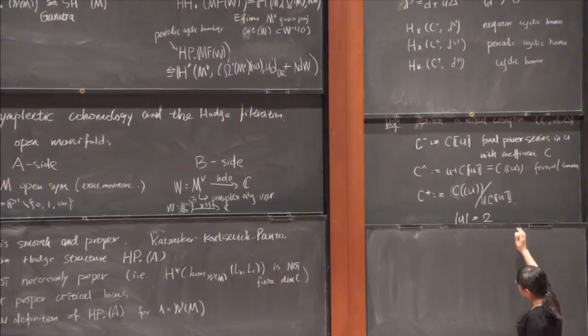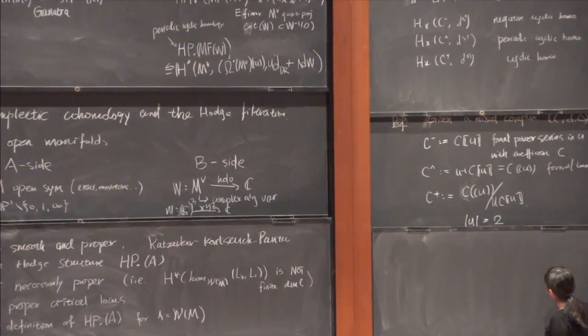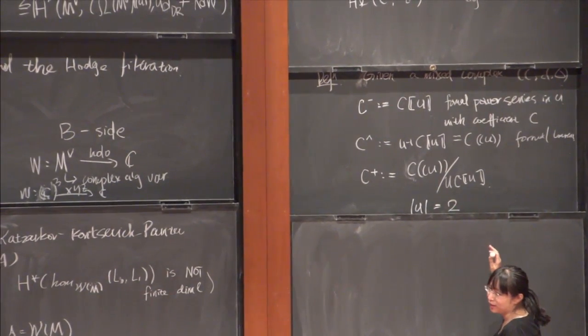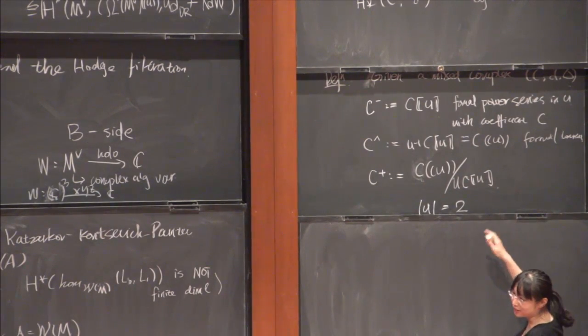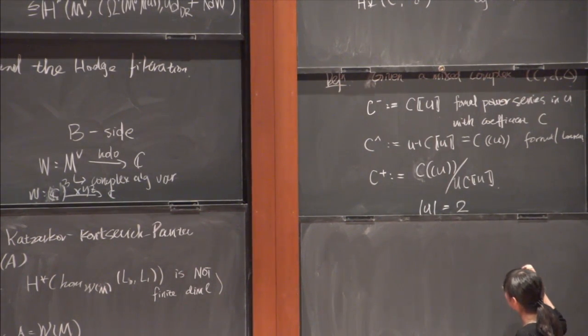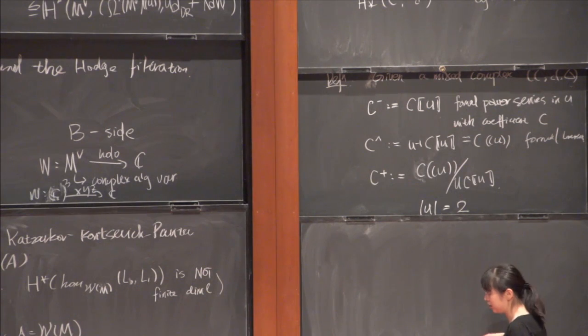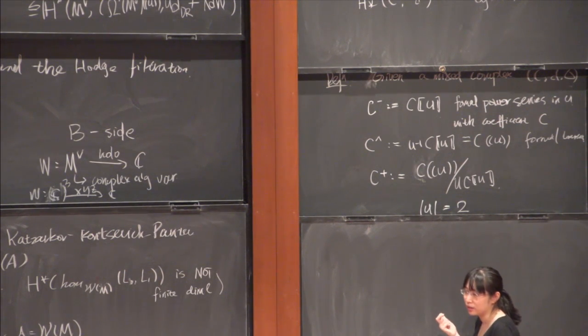If it's a smooth and proper category, that will give you some free module over K((U)), formal Laurent series. So you can think of that as a vector bundle over the punctured disk. And then what you need to do later is define a connection that may have meromorphic singularity at 0.